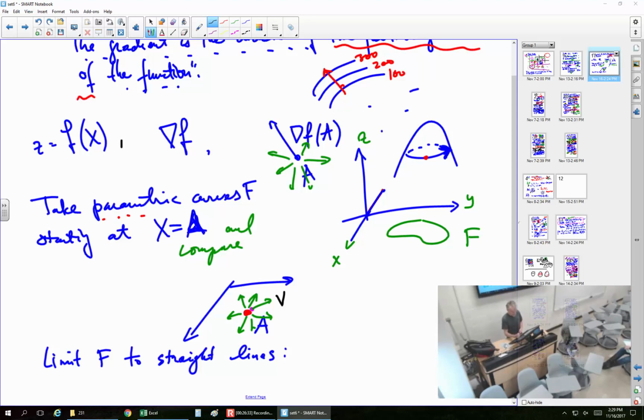And just write the point slope formula. The point being A, the slope being v, not technically the slope, but rather the direction vector. So it will be, what is it? F of t equal to A plus, what?